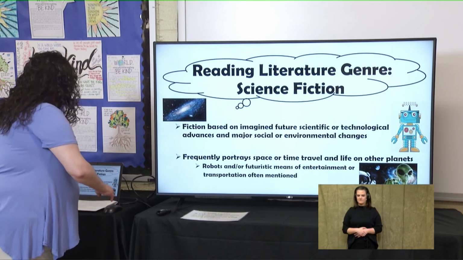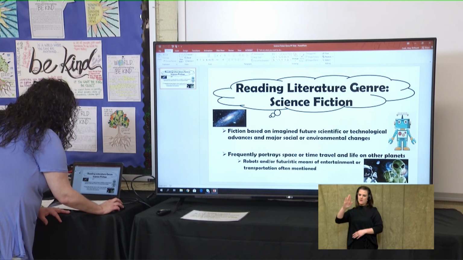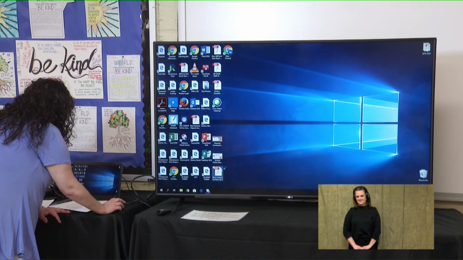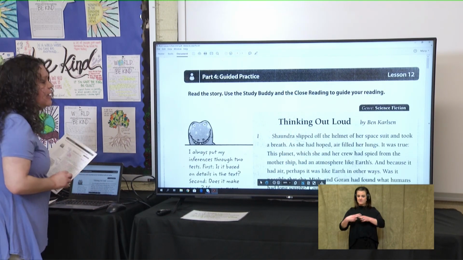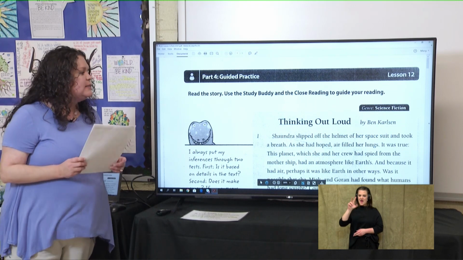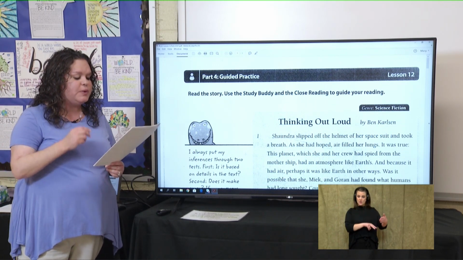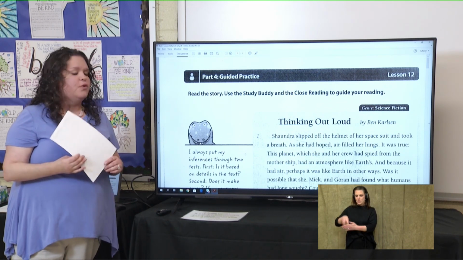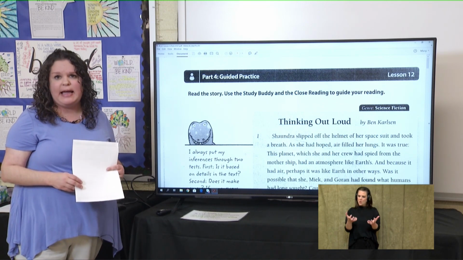So we're going to look very quickly at this text because my time is running out. The name of this is Thinking Out Loud. It says, read the story, use the study buddy, and the close reading to guide your reading. I want to talk to you for a few moments because the very first word is a person's name.